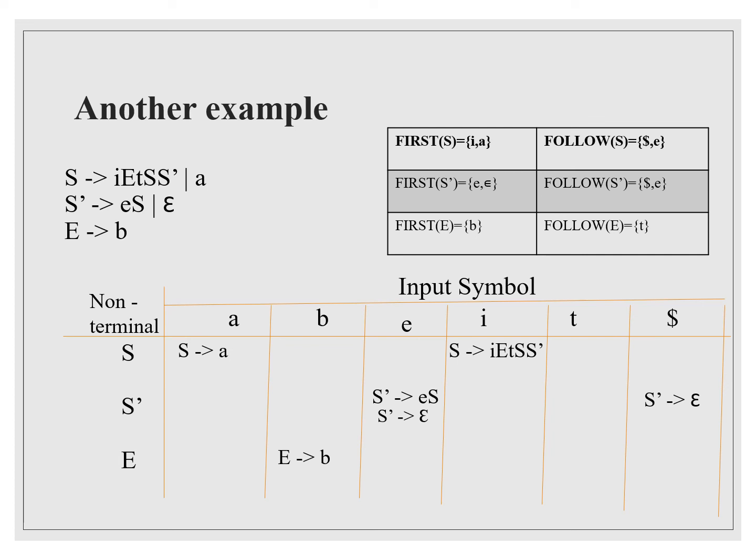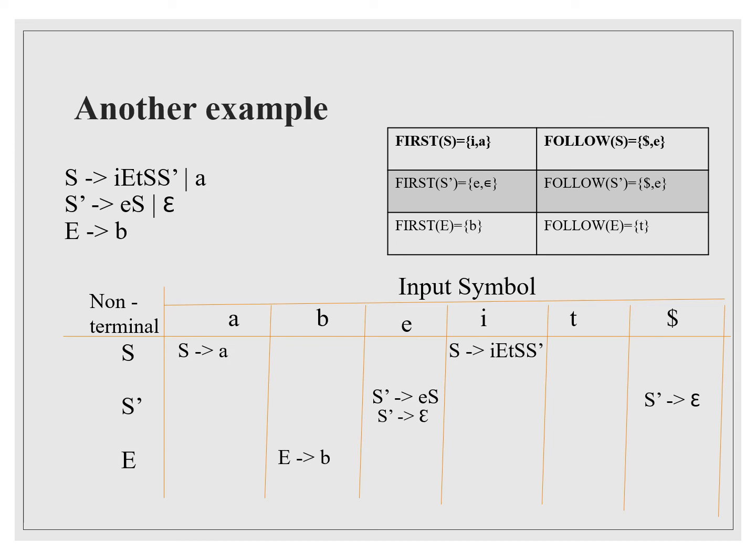This grammar is not LL1. Why? Because it is unable to construct the parsing table. See, we constructed the parsing table, then why is it not LL1? See, that is not the case. We constructed a parsing table, but look at the second row. What is the second row of this table? S dash.